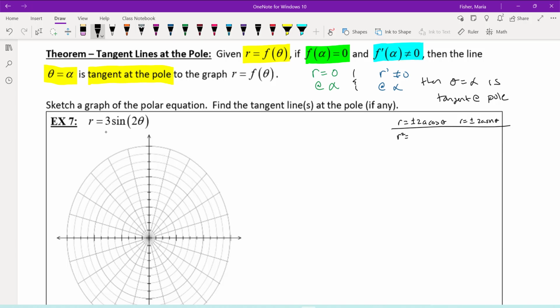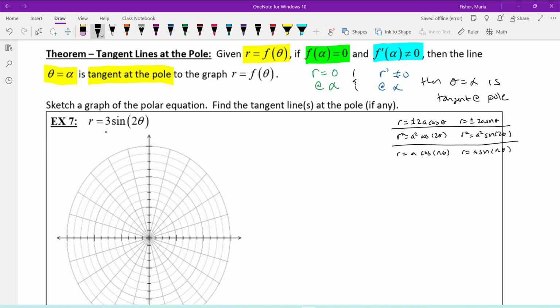Lemniscates, r squared equals a squared cosine of 2 theta, and here r squared equals a squared sine of 2 theta. And then roses is r equals a cosine of n theta, and here r equals a sine of n theta. These are the kinds of things that are going to have tangents at the pole.